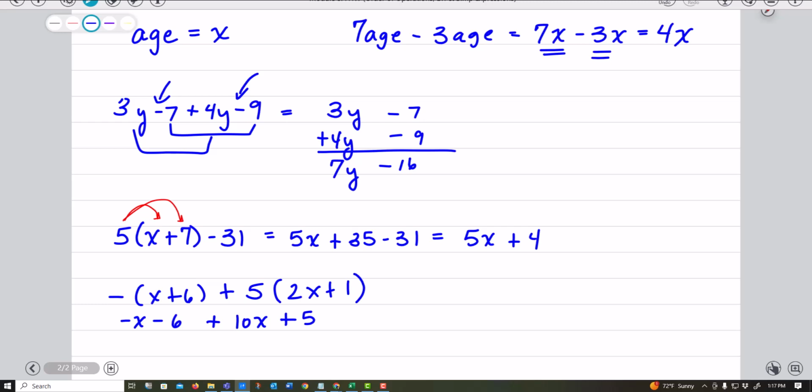And as I mentioned again, you can group these if you want, but I'm looking at those being grouped and those being grouped. So it looks like my x's, 10x minus 1x would be 9x. And then negative 6 plus 5. When you have a negative and a positive, you subtract and you keep the sign on the larger. So that would be minus 1.